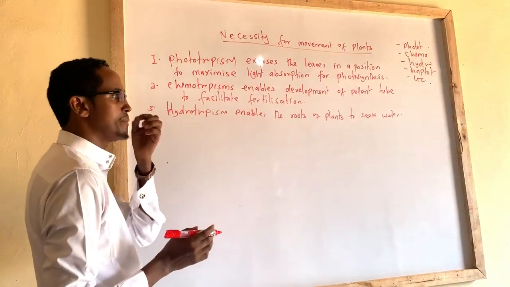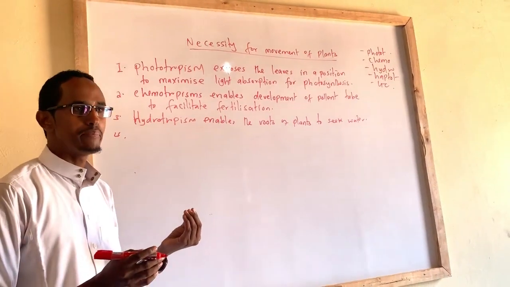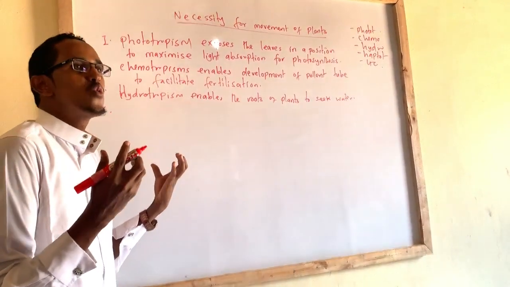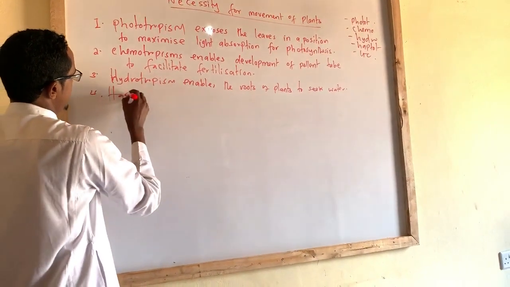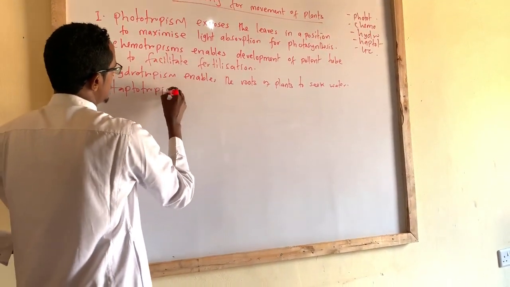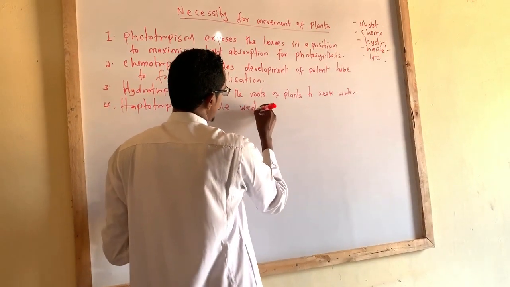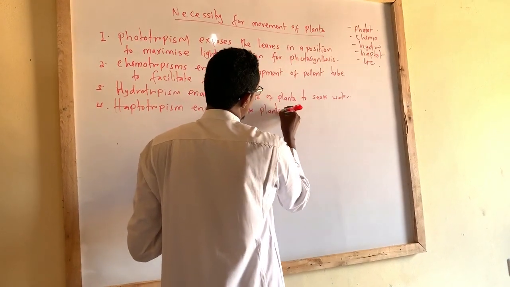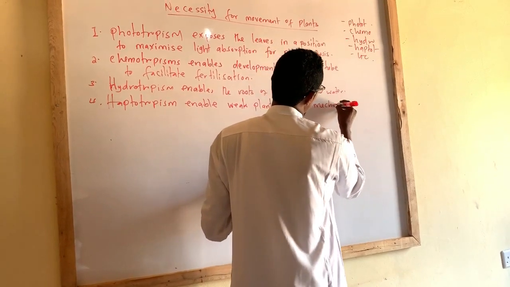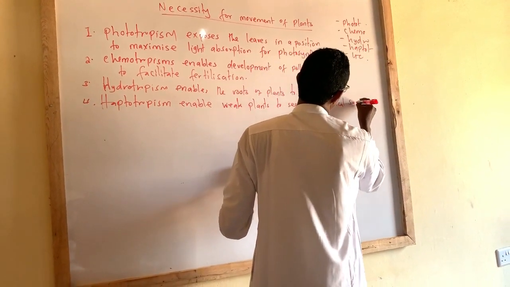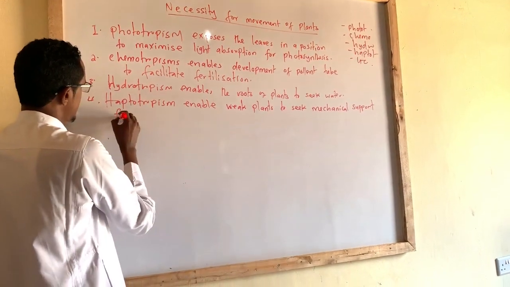Haptotropism enables weak plants that have easily crushable stems, weak plants that cannot support their own weight, to seek mechanical support from strong ones.